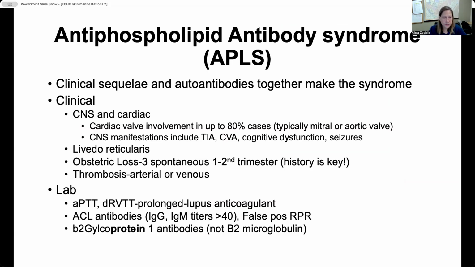And then they can also have a false positive syphilis test or RPR. And we also check the beta-2 glycoprotein antibodies. It's pretty easy, especially with the electronic health record, to accidentally order beta-2 microglobulin, but those are two separate tests. But that is one thing that's easy to do in the medical record.